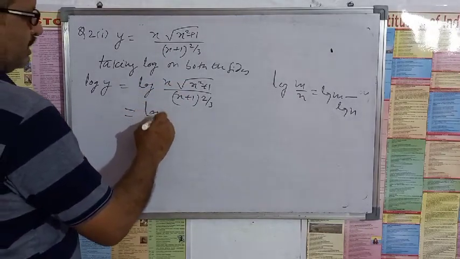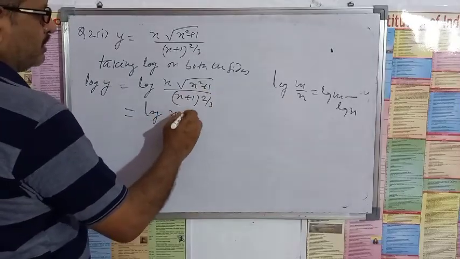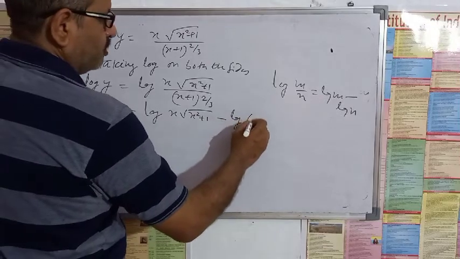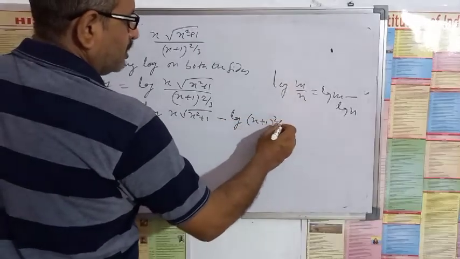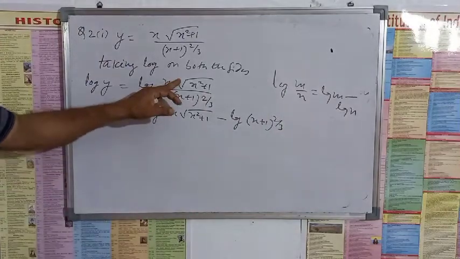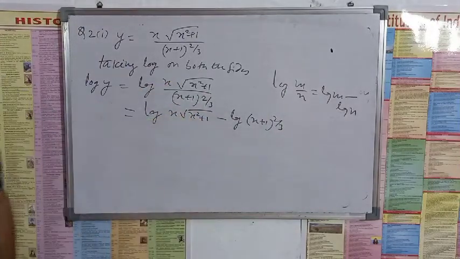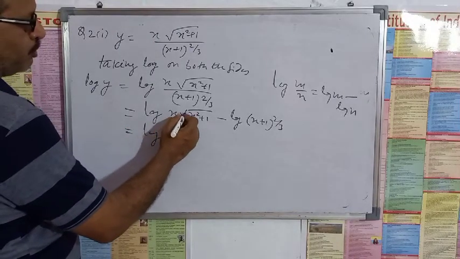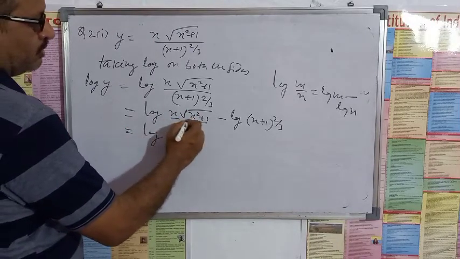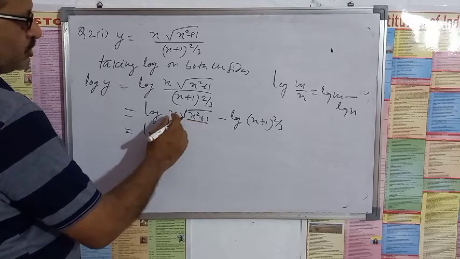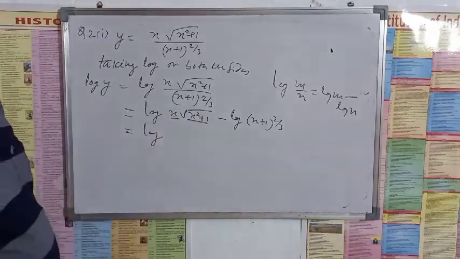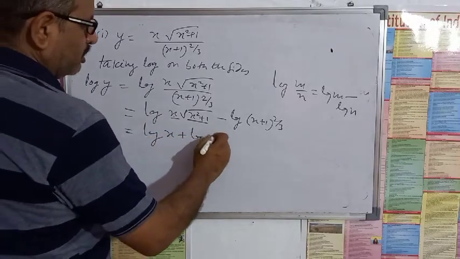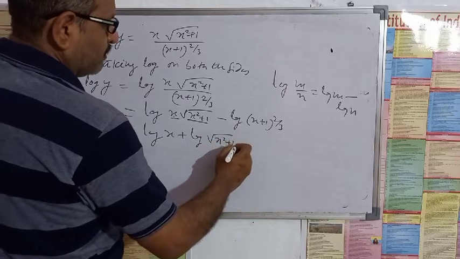So we can write it log m, m means numerator, minus log of denominator, n means denominator. We can apply here the product rule. X into this, so log m into n is log m plus log n. So it will be log x plus log under root x square plus 1.